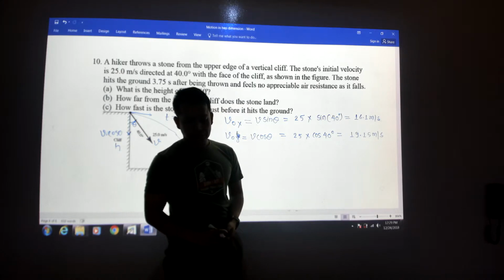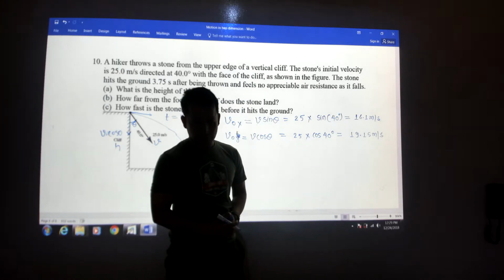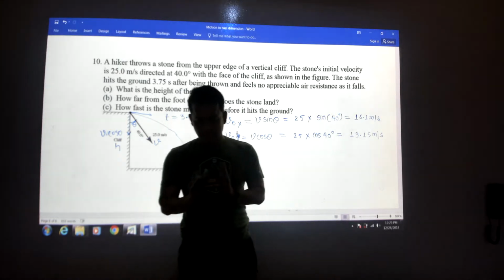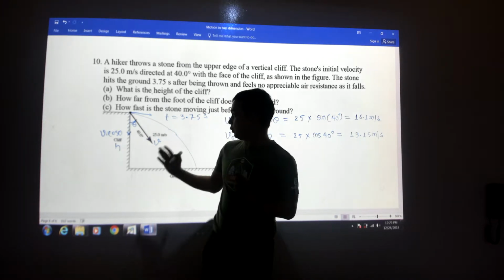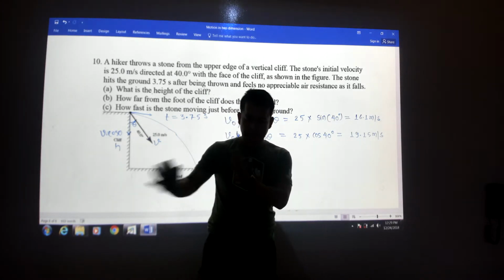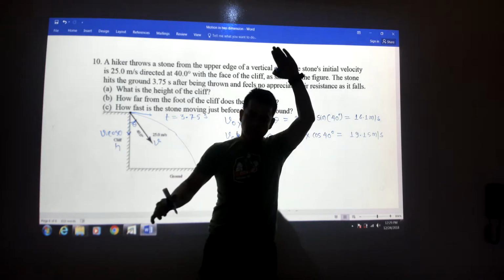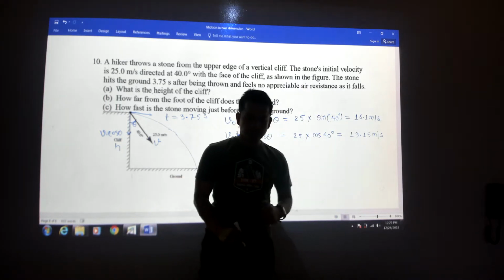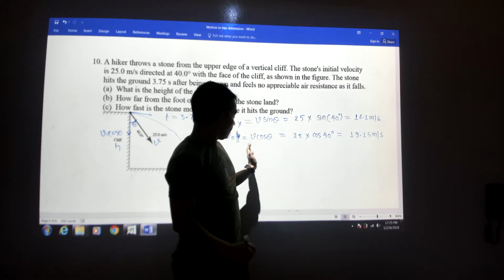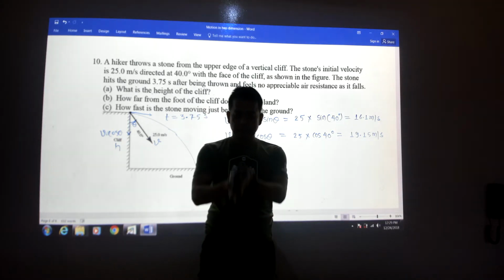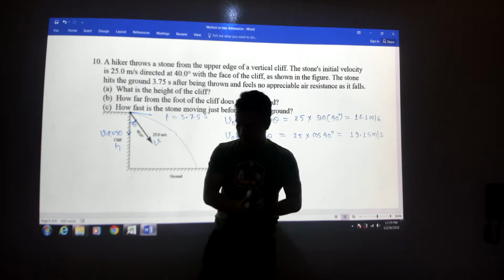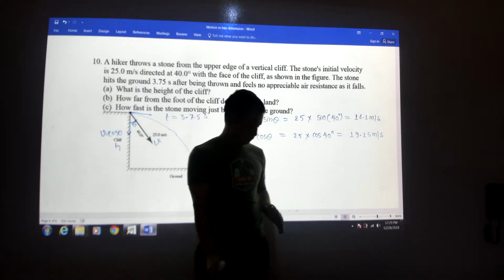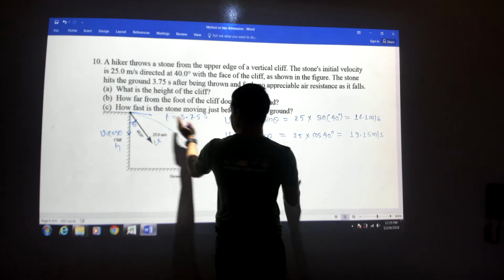Now we need to find out what is the height of the cliff. Again, we can separately think of these two problems. We can divide this problem along the x component and along the y component. Okay. So in order to find the height, we'll be thinking about the motion in the y direction.